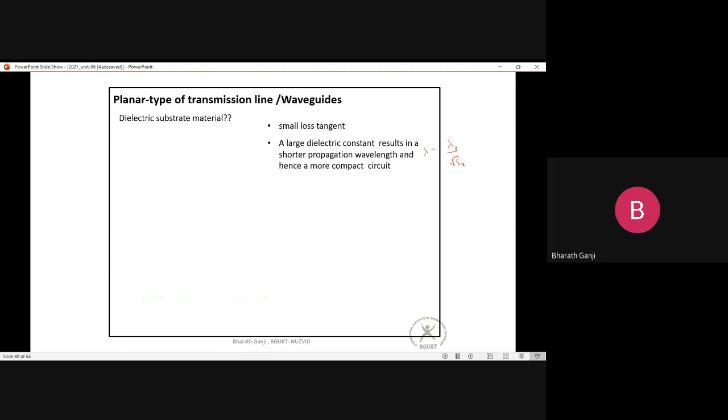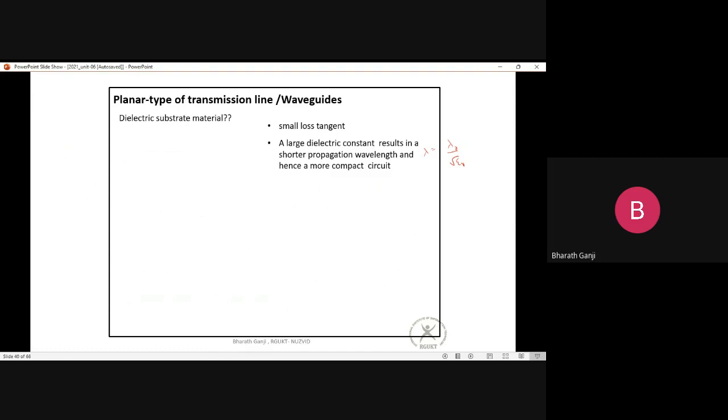So if the wavelength is smaller, then all the lines and all your circuits, okay, you can make them even more compact. You have a chance where you can make them even more compact and still get circuit behavior.